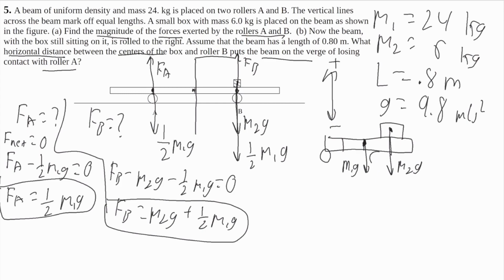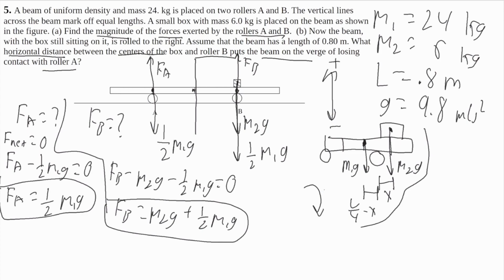So roller B has to be in between both of these center masses, because it's the only way to get the torques to balance. So this is what we're looking for. The distance between this box and roller B, I'll call this x. Since we know this segment here is L over 4, this small section here is going to be L over 4 minus x.